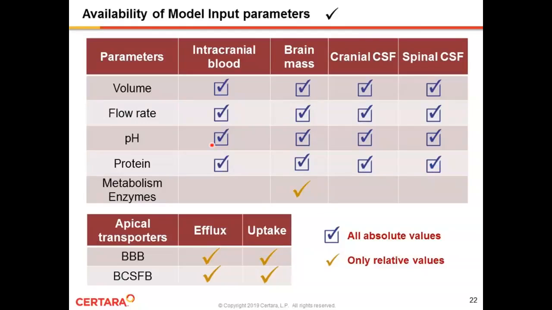As you can see here, for all of the physiological and anatomical parameters that are involved in the brain compartment, we have species-specific values for each of the parameters, such as the volume of the intracranial blood, the flow rate of the cranial and the spinal CSF, the pH of the different compartments, and the amount of protein in the different compartments.